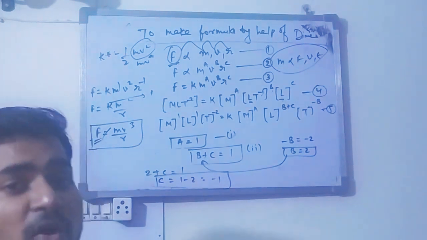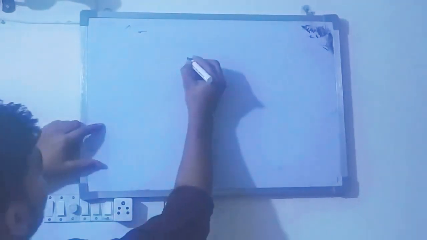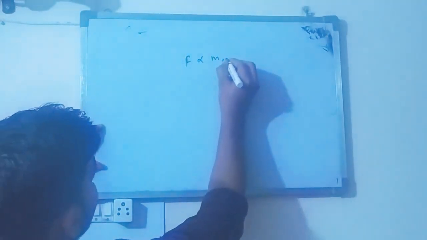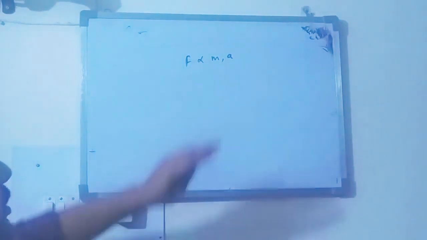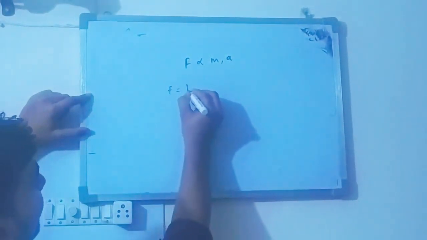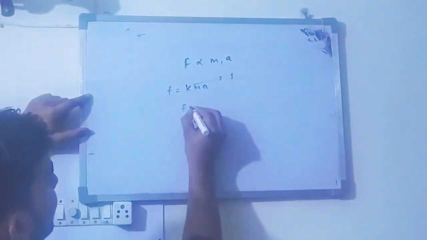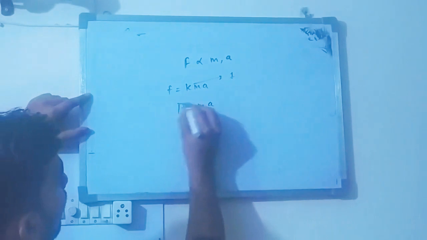You can check it for F is equal to ma also. If I say that force depends on mass and acceleration, then find the formula of force. You will solve by this method and get the same formula, F is equal to K ma, and the value of K is 1. So you will get F is equal to ma only.